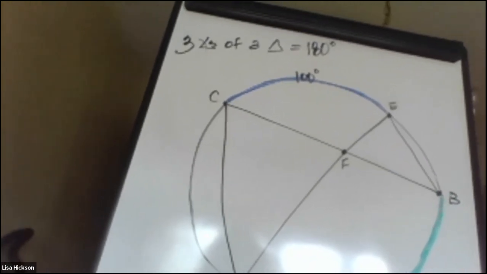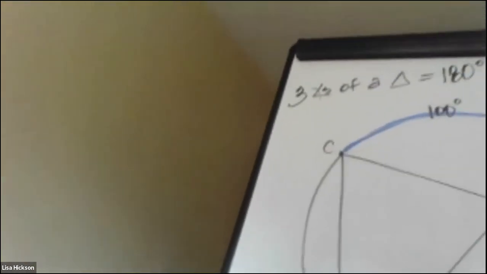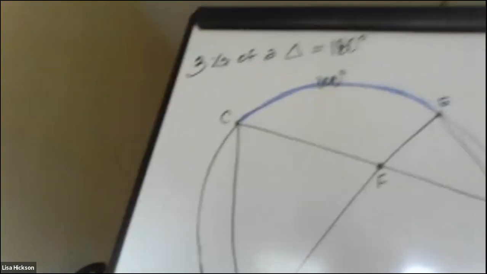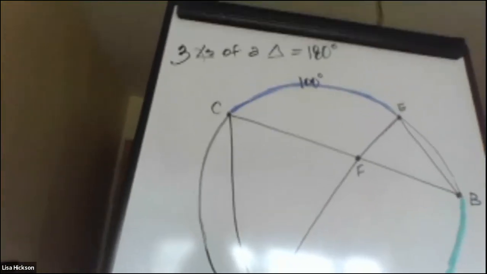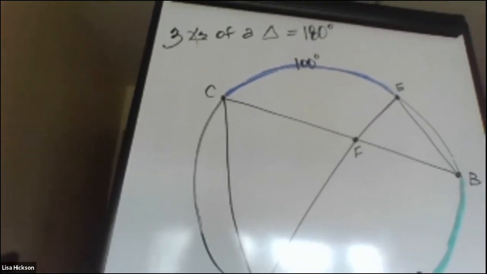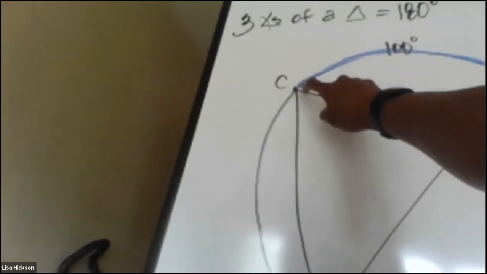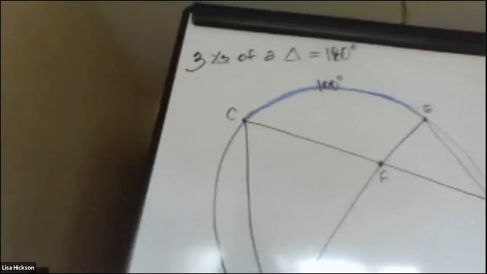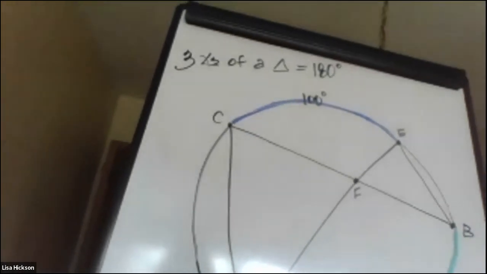I don't know, because I don't think D to B is the... No. That's the arc. Talk to me. Use D in the question I asked you. I said, name an inscribed angle that is related to the arc from C to E. Where's the angle?